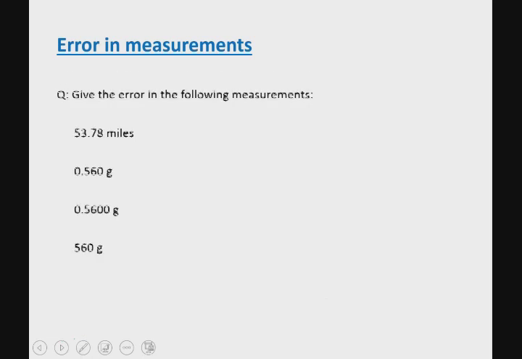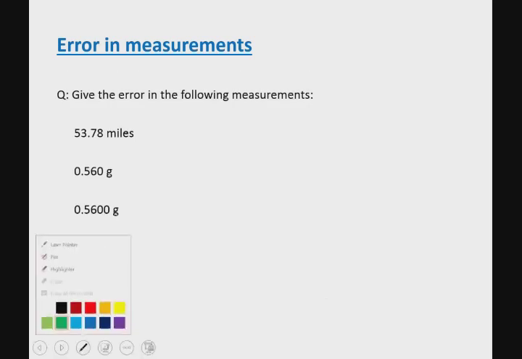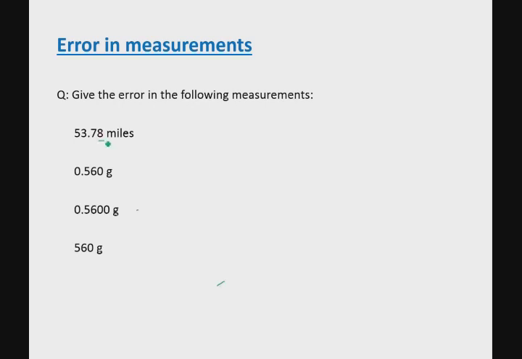Okay. So let's take these examples. The question is very simple. That is to give the error associated with each of these measurements. Please remember that the error, at least for now, we will change the statement very shortly, lies in the last reported digit.